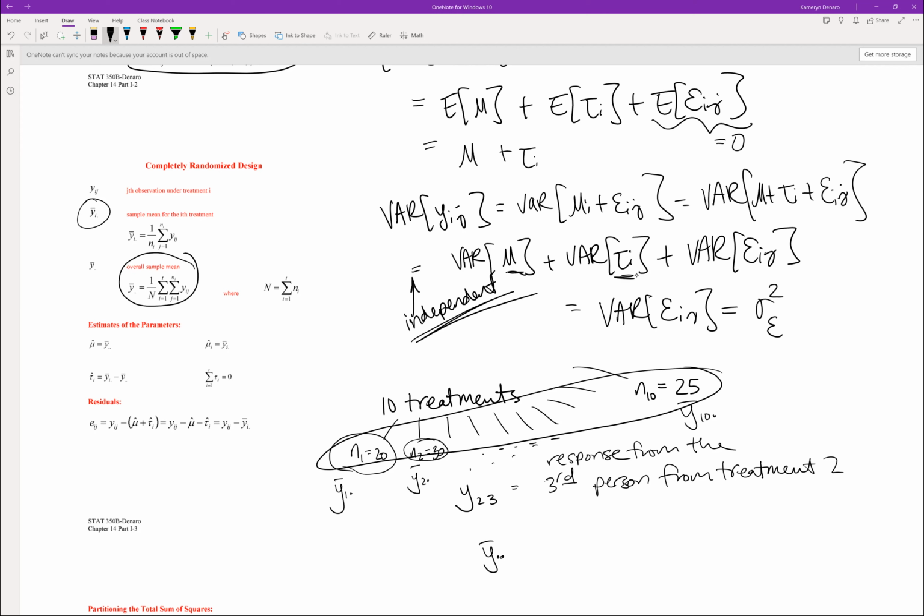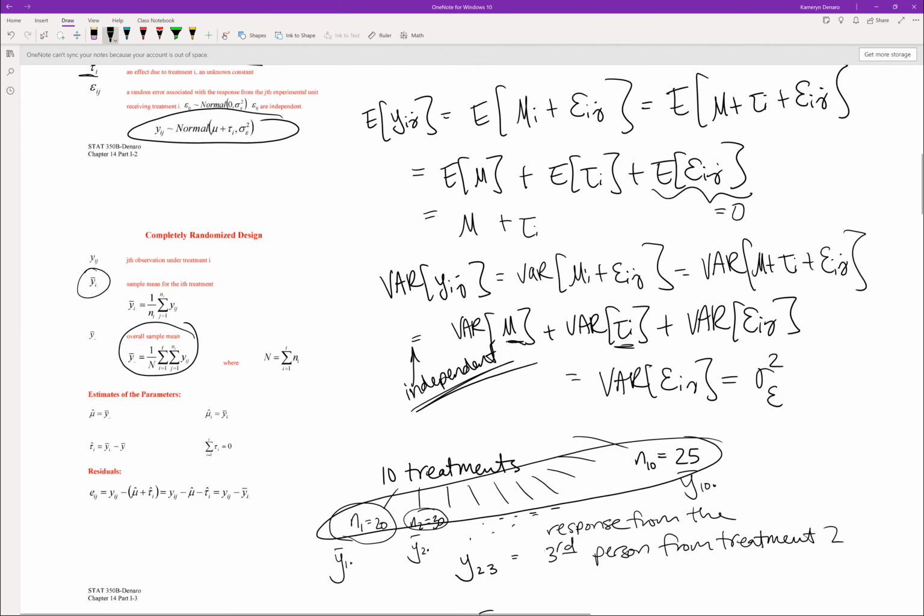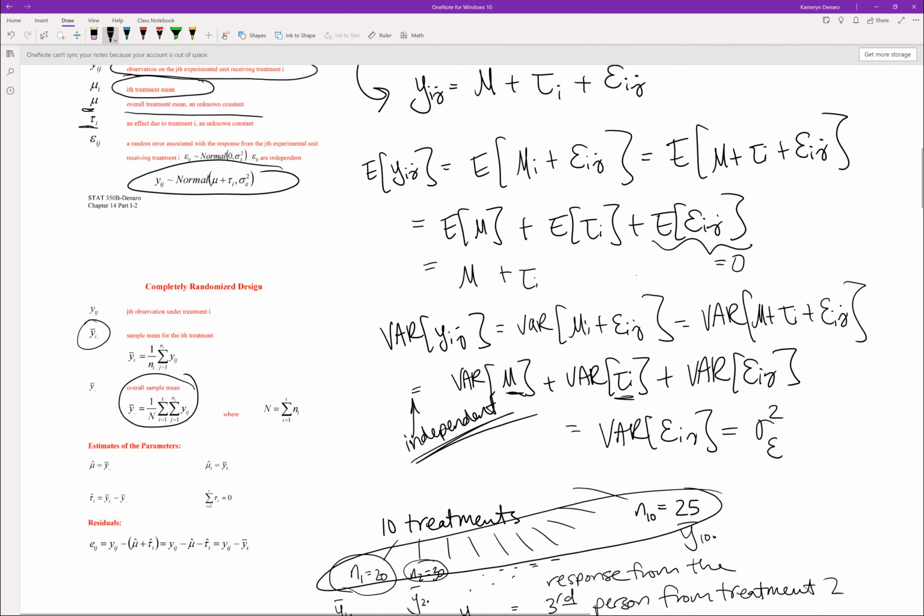And essentially, by setting up the model in this way, we can get estimates of the parameters of the model we were looking at before, right? So if we have the model Yij equals mu plus tau i plus epsilon ij, then we could get an estimate for mu.